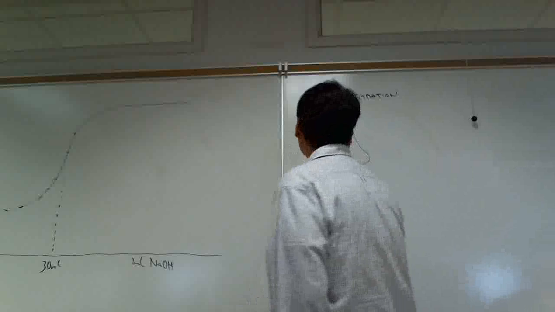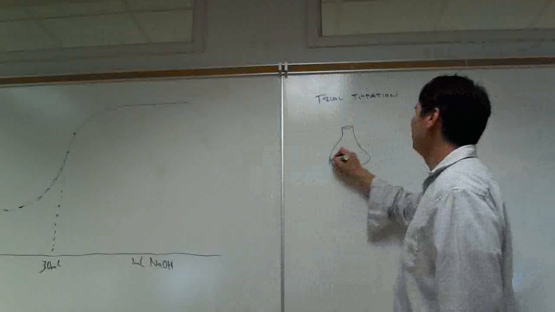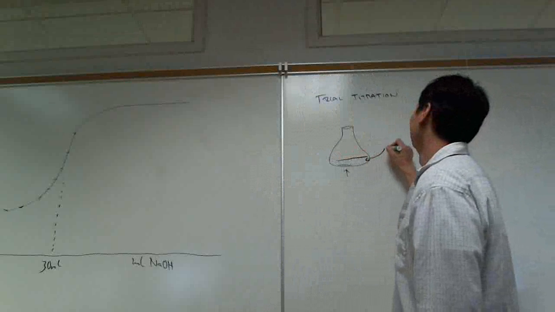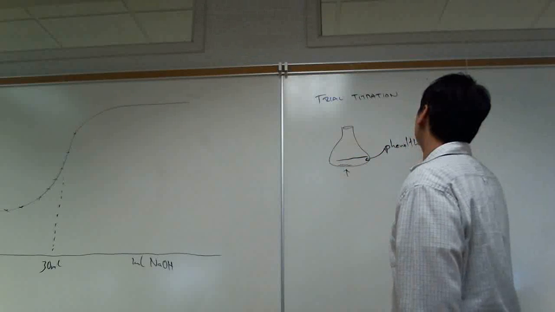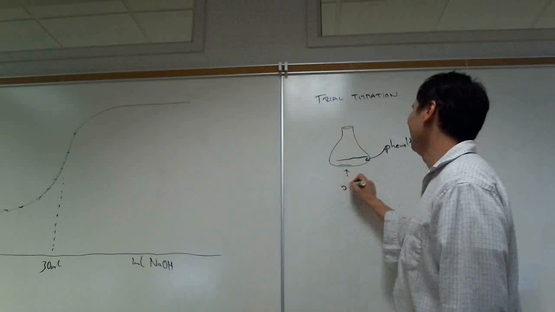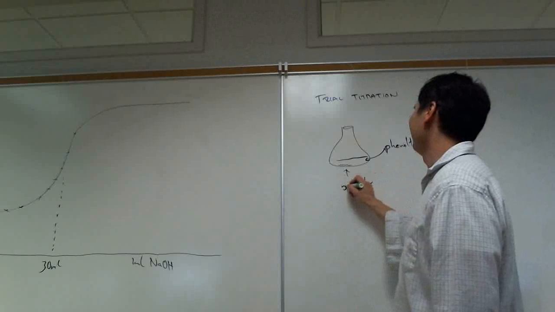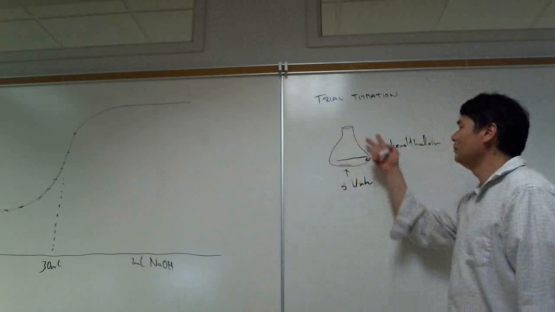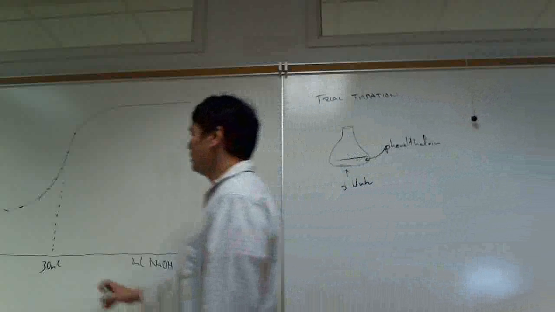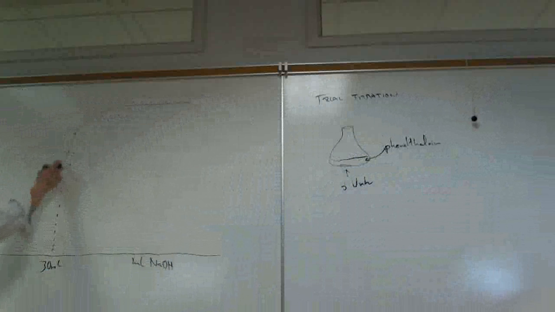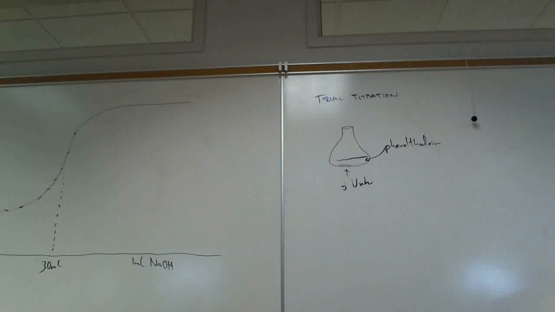Okay, so we're going to run the trial titration with just phenolphthalein on some grams of unknown, and therefore we'll have the milliliters of base to grams of unknown ratio, and then we can calculate the optimum sample size here, and then run our titration.